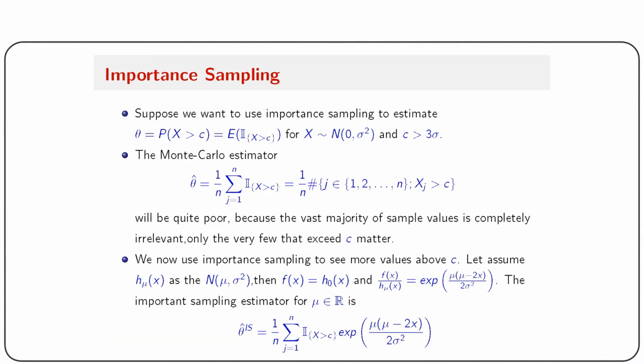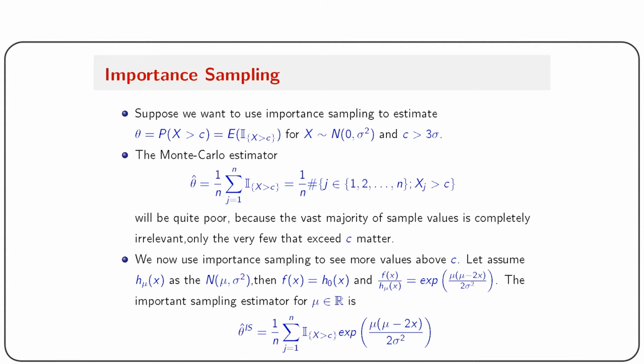Suppose we want to use importance sampling to estimate theta equals the probability of X greater than c, which equals the expectation of the indicator I(X > c), for X following normal(0, sigma squared) and c greater than 3 sigma. The Monte Carlo estimator theta hat is 1/n times the sum over j equals 1 to n of I(X_j > c), which is 1/n times the number of j in 1 to n such that X_j is greater than c.